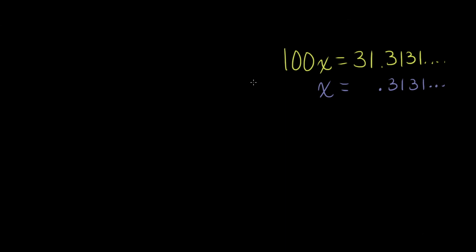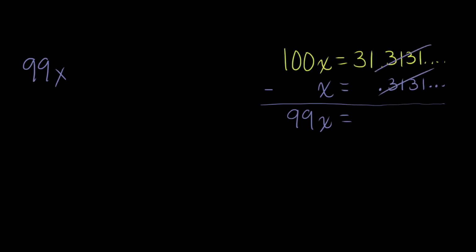Well, we have to subtract. So let's do it. 100x minus x, well, that's going to be 99x. I'll write it over here too. 99x. 31.3131 minus 0.3131, well, these will just turn into zeros or cross out, and we'll be left with 31. So 99x equals 31.